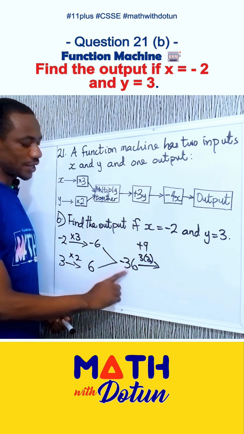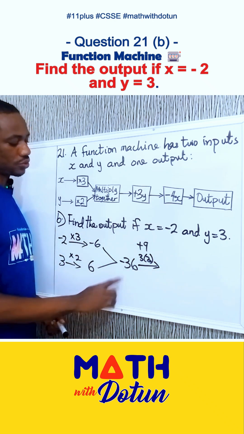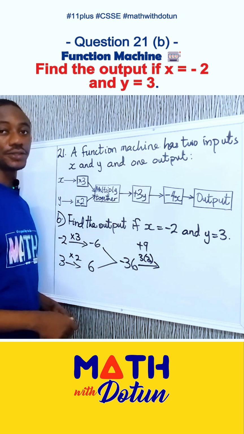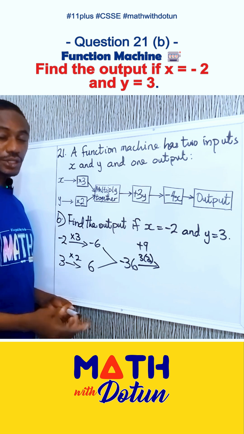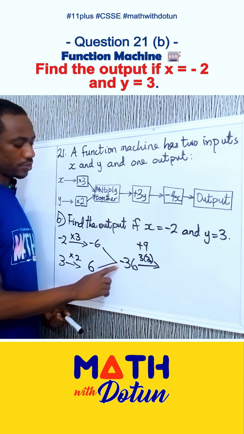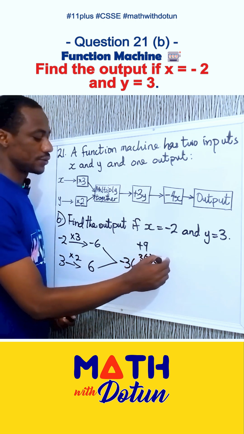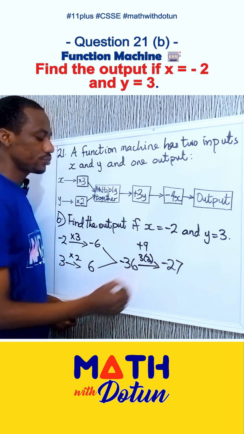But when you have negative this plus that, you know you're doing subtraction. So we just do 36 minus 9, take away 9 from 36. That will be 30, take away 3, that's 27. But because the 36 here is negative, it's going to be -27.